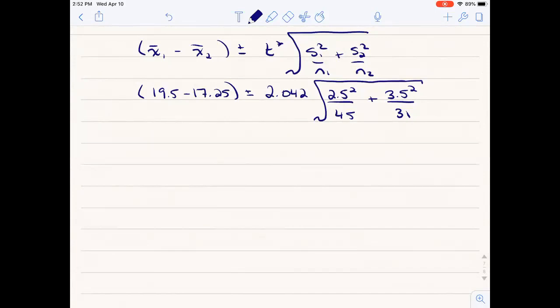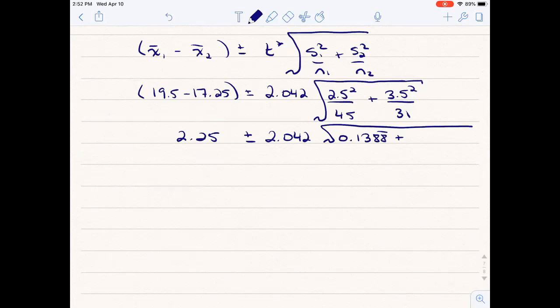19.5 minus 17.25. We'll just have 2.25 hanging out on the left-hand side, and then 2.042. I'm going to simplify the 2.5 squared over 45. 2.5 squared divided by 45 is 0.1388 repeating.